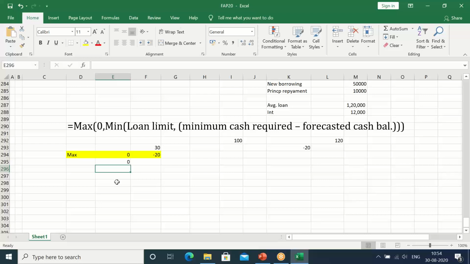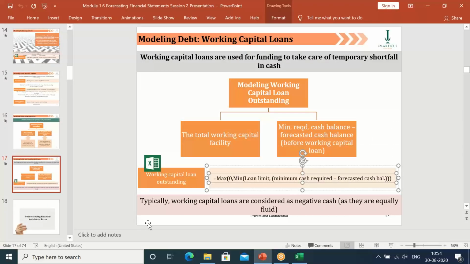Got it, sir. जी, एनी क्वेश्चन? ठीक है. So this is what is mentioned on this slide.